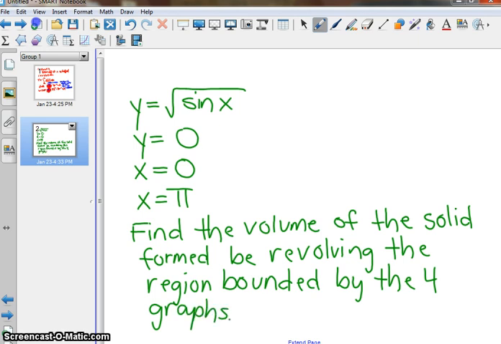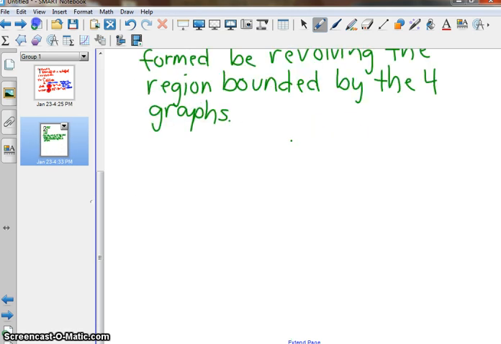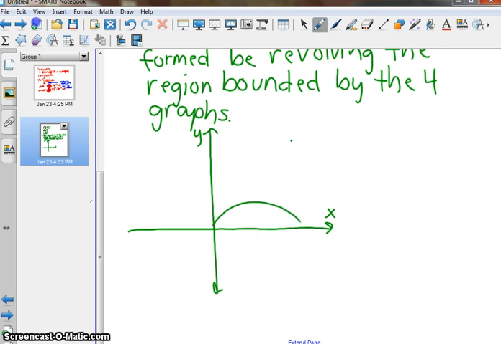Okay, so we have a graph which looks like this. Here is sine x between 0 and pi. Here is your second y equation right here. So we're going to go from x equals 0 to x equals pi.